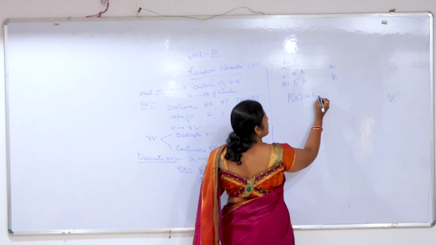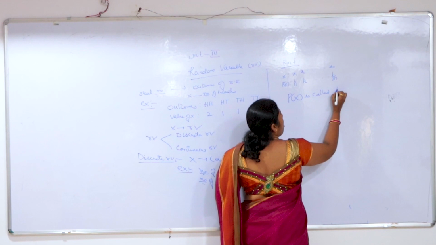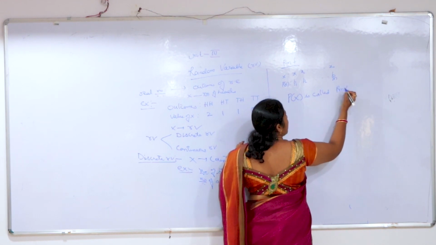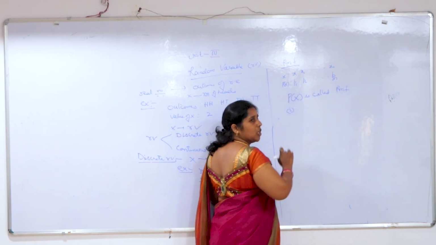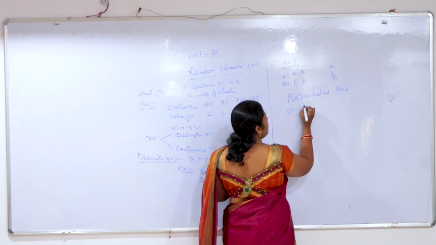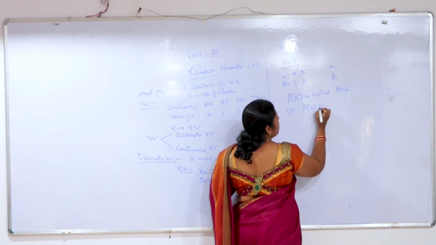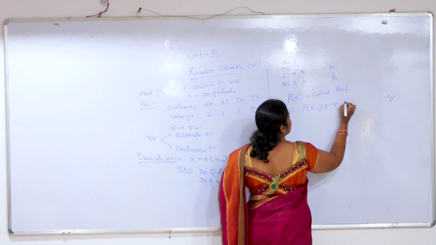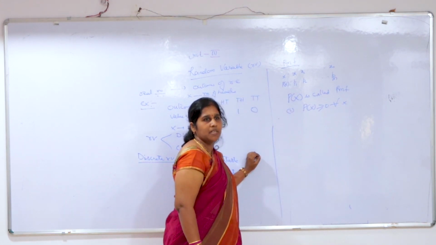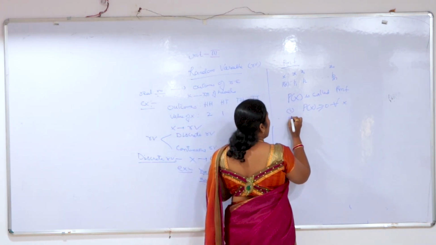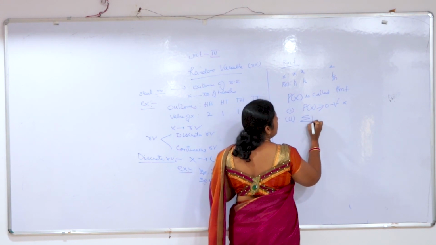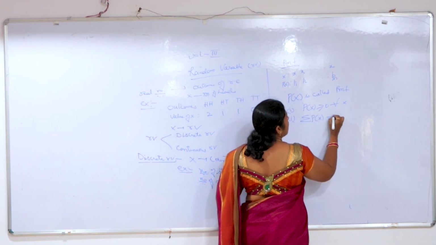Function P of X is called probability mass function if it satisfies 2 conditions. First one, probability should always be greater than or equal to 0 for all the values of X, since probability cannot be negative. And second one, total probability should be equal to 1.